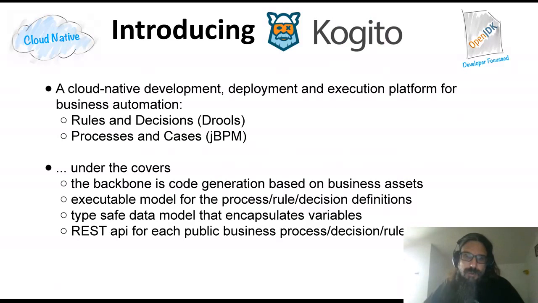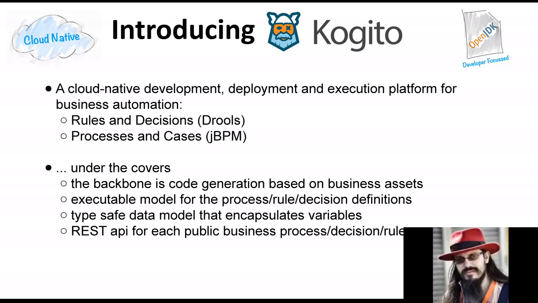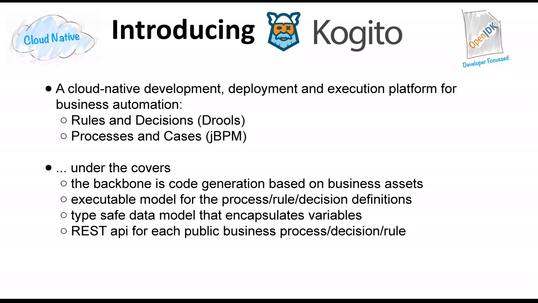So basically, what is Kogito? Kogito is a new platform that, of course, is based on rules and jBPM. Of course, we are not rewriting a full-fledged rule engine or workflow engine from scratch, but we did lots of work to adapt them, to make them cloud ready, and to integrate them with Quarkus.